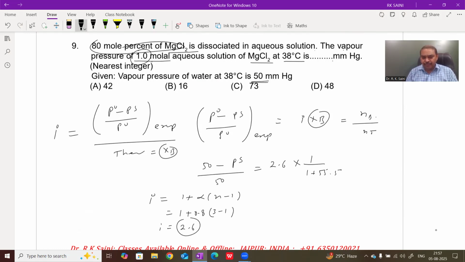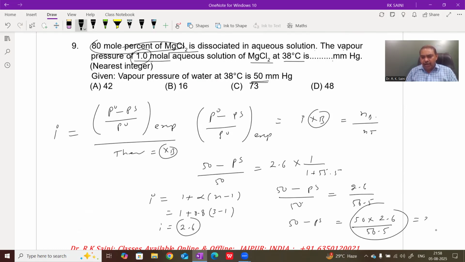Now solve. (50 minus P node) upon 50 equals 2.6 divided by 56.5. Cross multiply: 50 minus P node equals 50 into 2.6 divided by 56.5. This value is nearly 2.3, so P node is 47.7. Therefore, we write nearly 48.